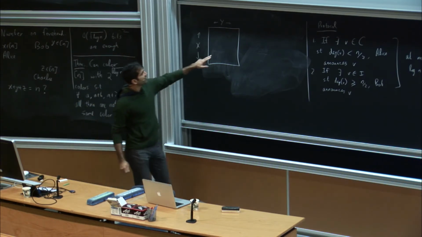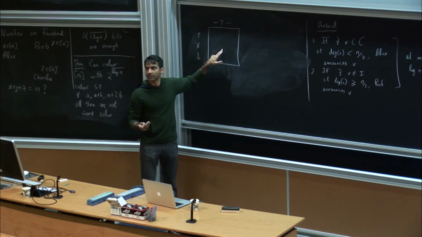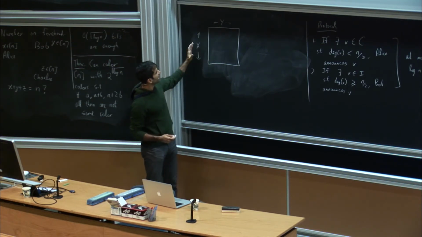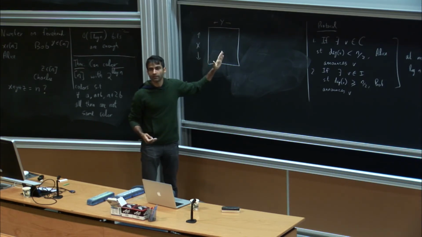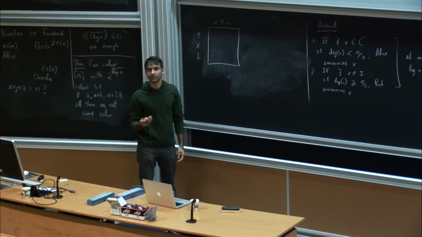In the entries is the output that you're trying to compute. So one way to visualize the computation is that Alice knows which row they're interested in this matrix, and Bob knows which column, and they want to compute the xyth entry of the matrix. That generically describes all the computations we've been talking about.